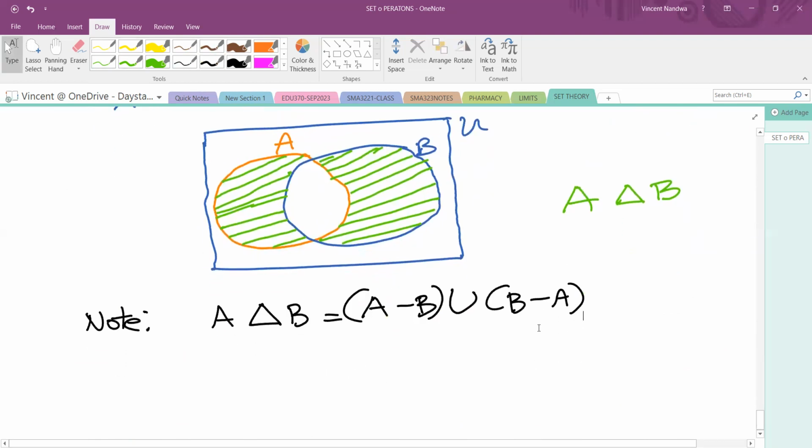Remember, when you are dealing with sets, the operation union is, from a layman's point of view, the same as joining, and intersection simply means common.